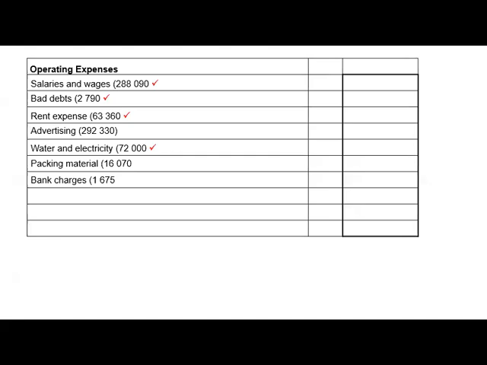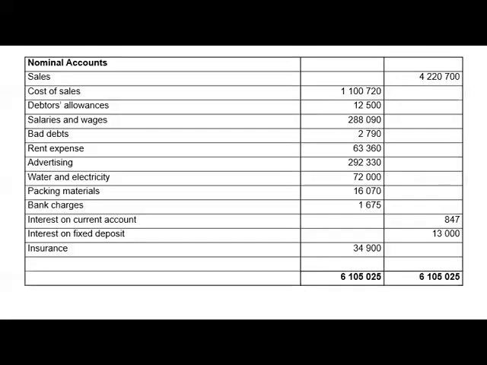And that will be it when it comes to everything that I had there. The next thing that I've got will be income. It is interest on current account and interest on fixed deposit.